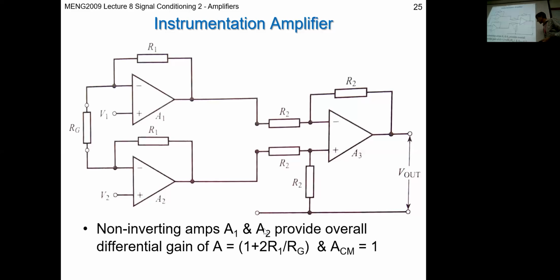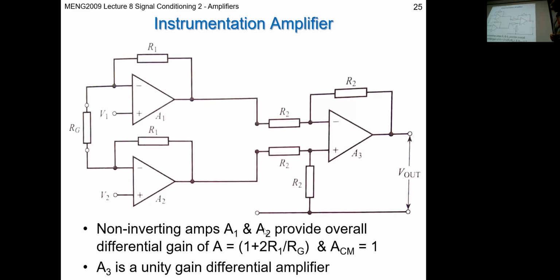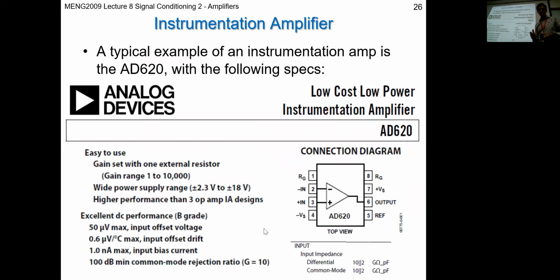And your common mode gain is basically about 1, so that means it has a good common mode rejection ratio. And as I said, this little amplifier circuit here is a unity gain diff amp. It doesn't add any further gain.